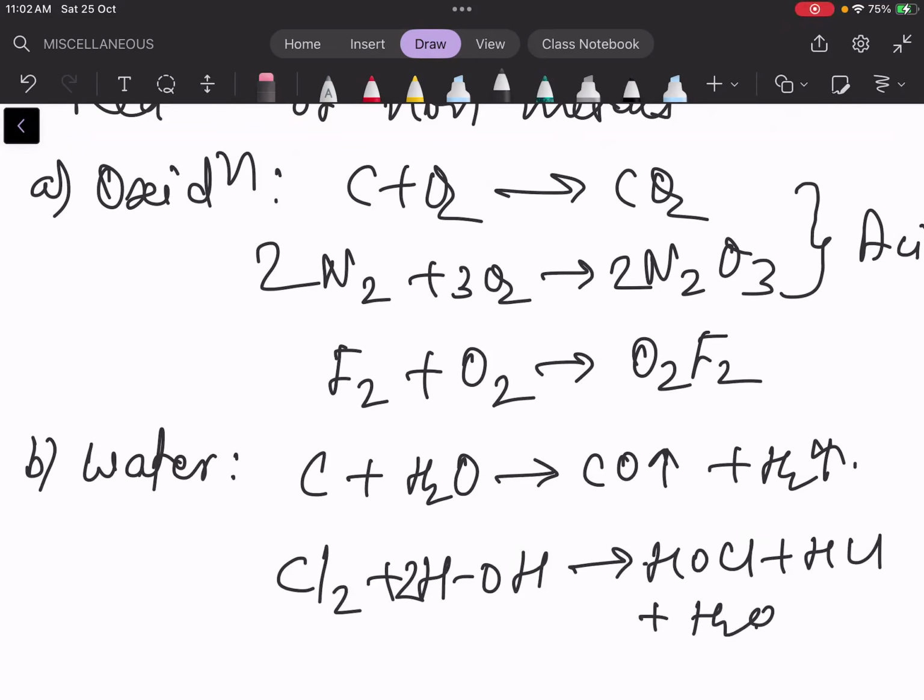If we add one molecule of water, that is enough, so that excess will not remain. HOCl is called hypochlorous acid. Is there any doubt to anybody?